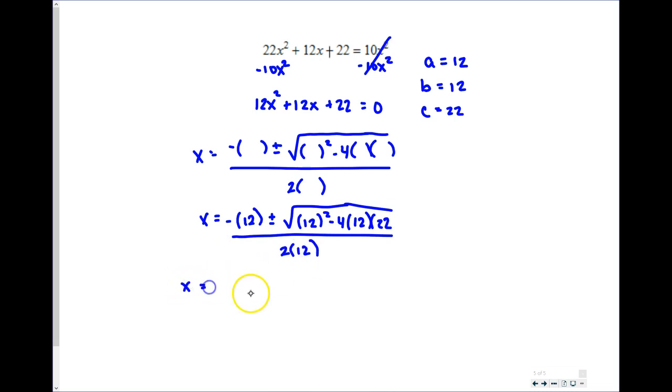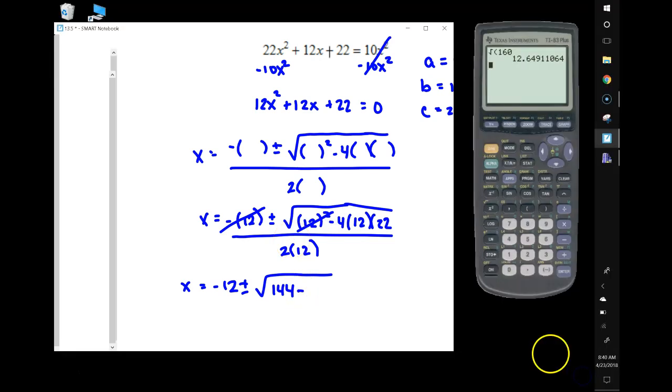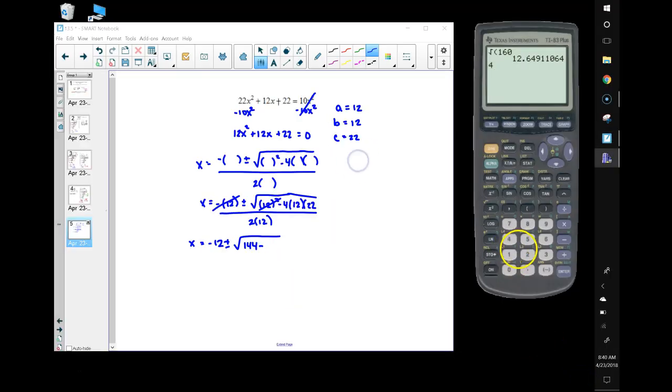Okay? This reduces to negative 12 plus or minus the square root of 144. That's what 12 squared is. And then minus, let's put that in a calculator, 4 times 12 times 22, 1056, all over 24.